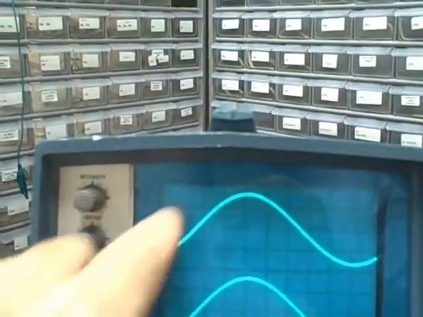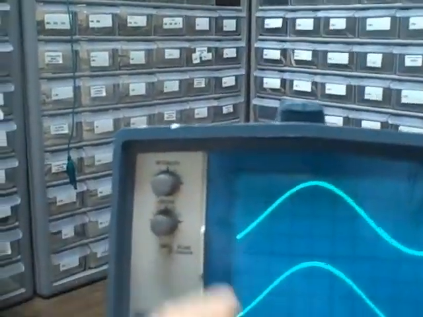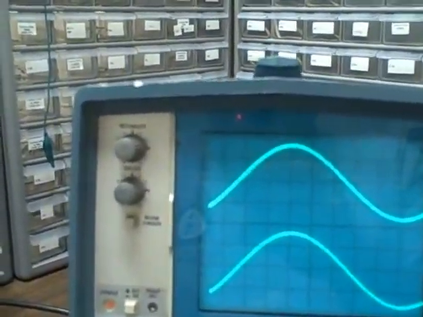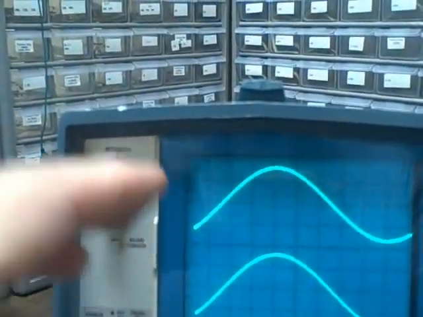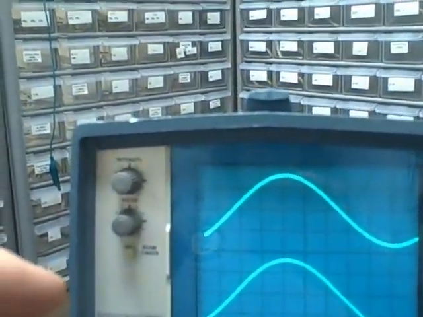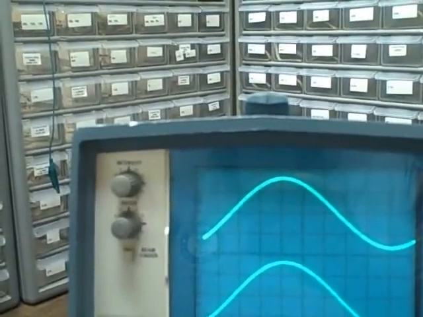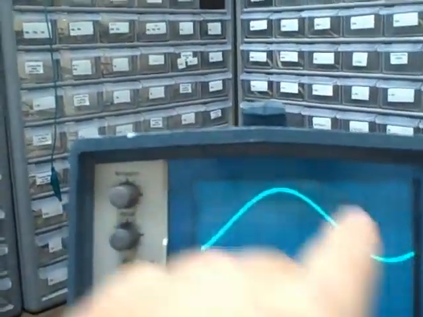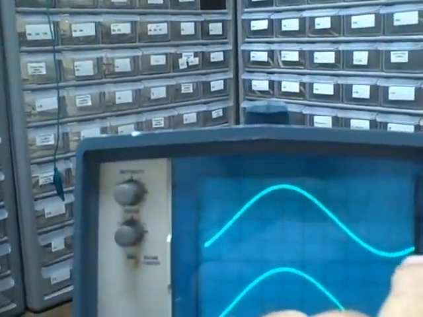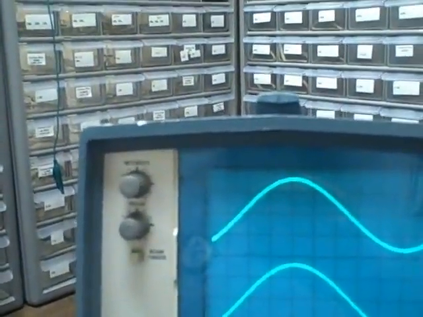All right, we're running at 500 hertz. We see that we complete one cycle in 10 divisions at 0.2 milliseconds per division. 0.2 milliseconds times 10 would be 2 milliseconds for that one cycle, 2 milliseconds, which would be 500 hertz.